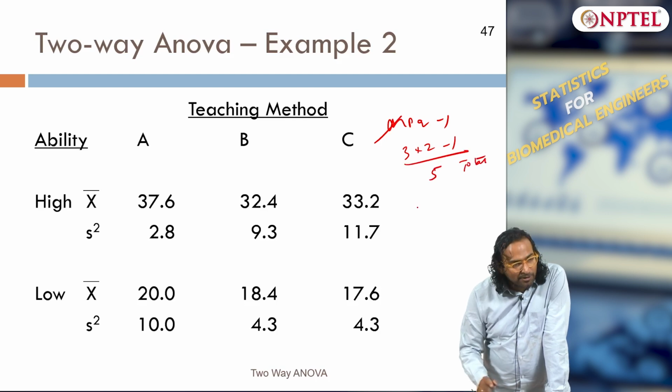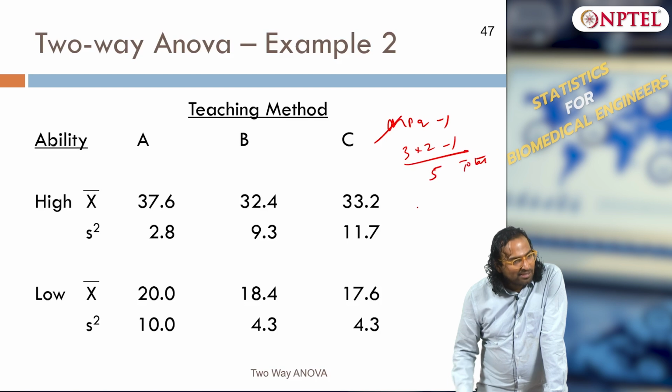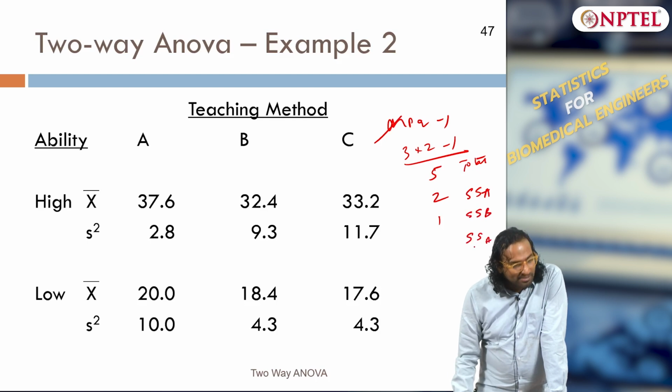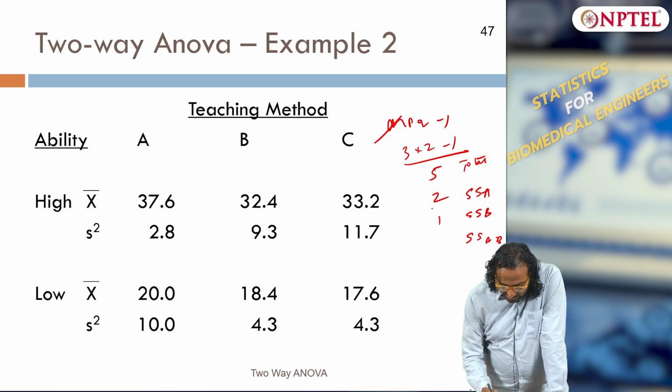What is the degrees of freedom for A? 3 minus 1, 2. What is the degrees of freedom for B? 1. So what is the error degrees of freedom? Interaction degrees of freedom first, I forgot. What is the interaction degrees of freedom? Again 3 minus 1 into 2 minus 1, 2.